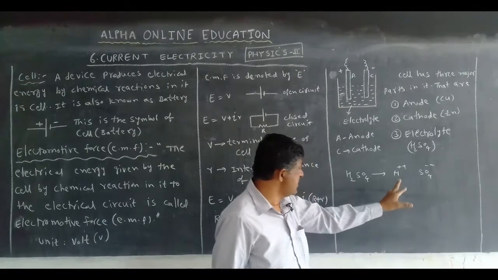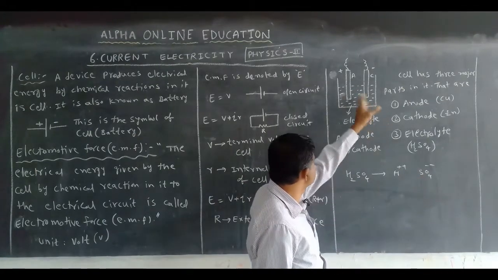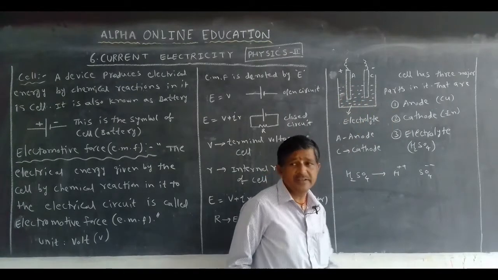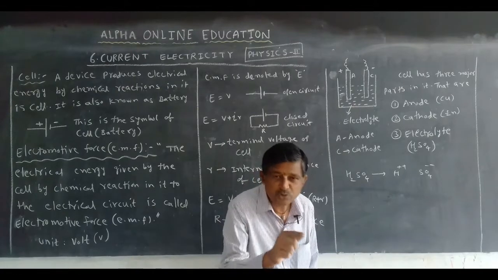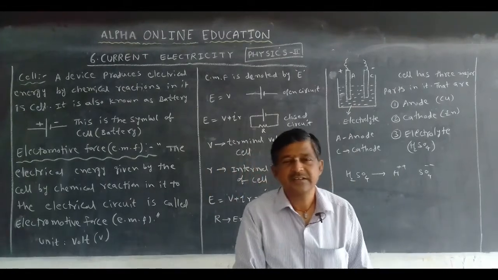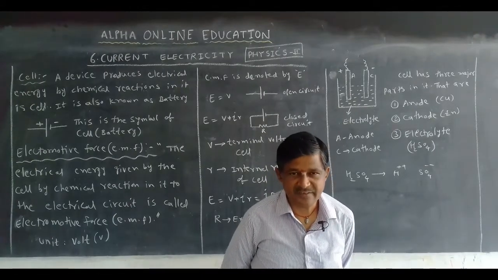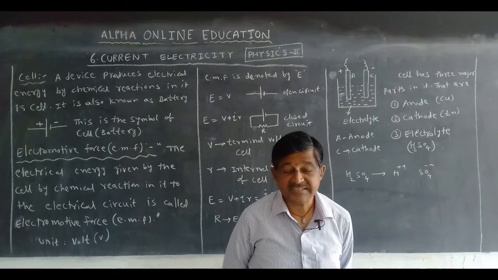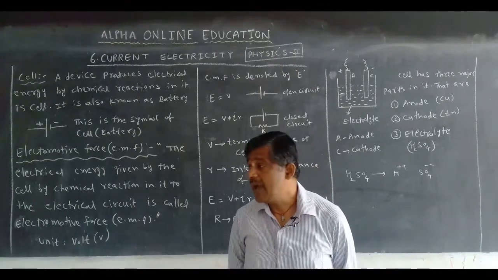When this cation and anion move towards anode and cathode respectively, one opposing force is present for their motion. That opposing force is an EMF, called back EMF.